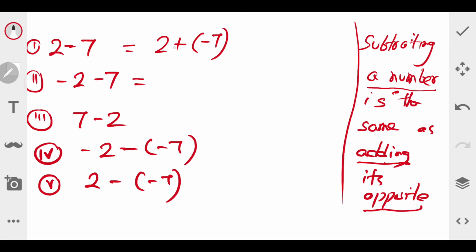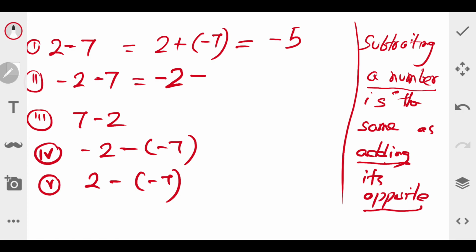Now it's simple. 2 plus -7 means you have $2, but you owe $7. So you're going to end up owing $5, right? Number 2, what are we subtracting? We are subtracting 7 from -2. Remember, we don't change the starting number, which in this case is -2.